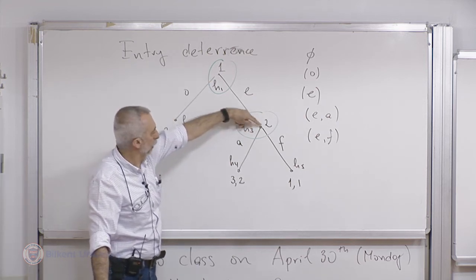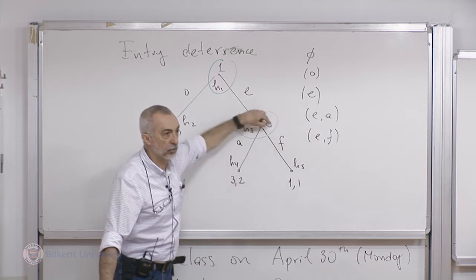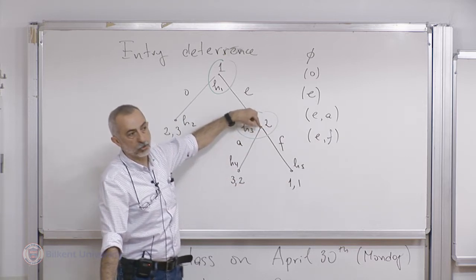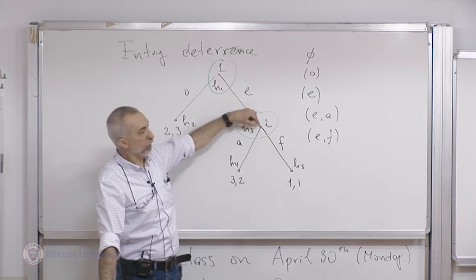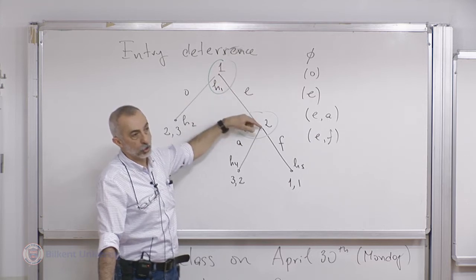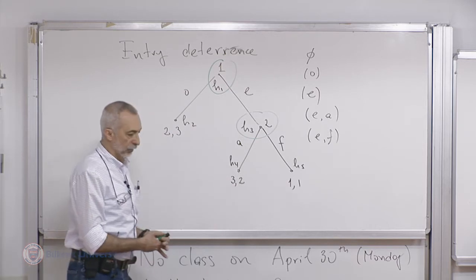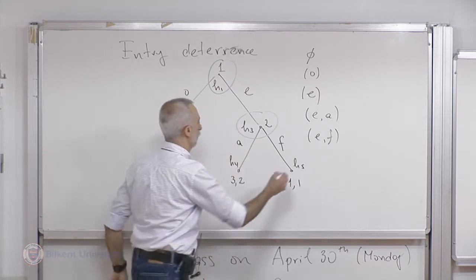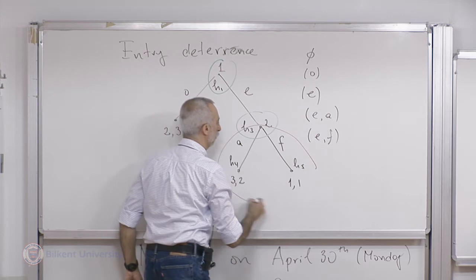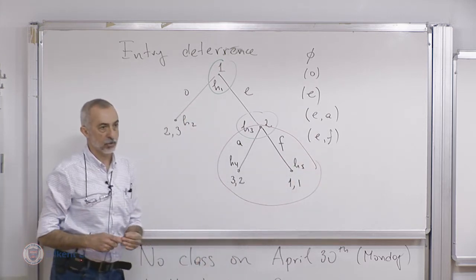The portion following H3, that's this part. Again, that's a game in its own right, so that's also a subgame. So this game has 2 subgames, the game itself and this part of the game. Those are the 2 subgames, okay?